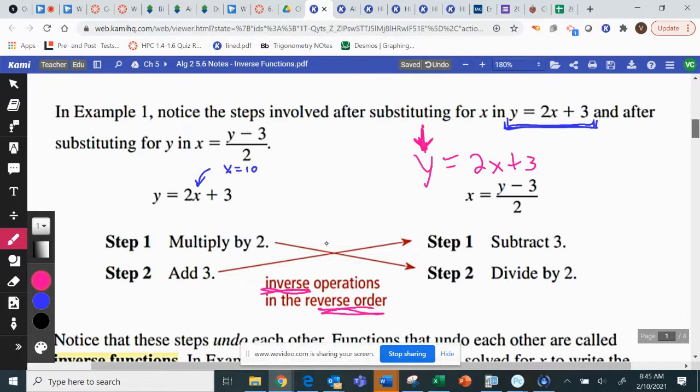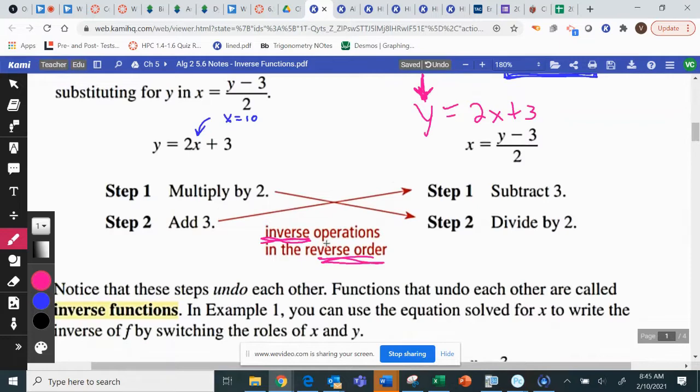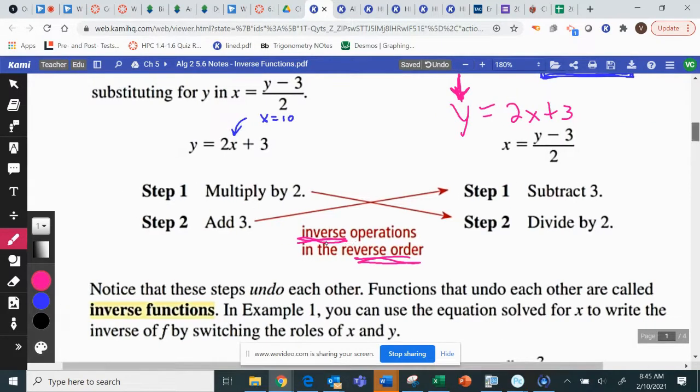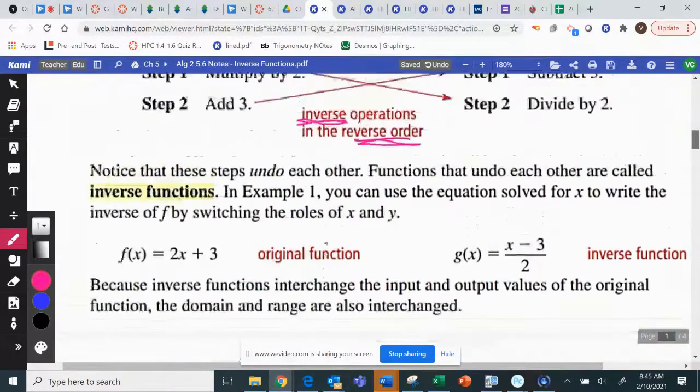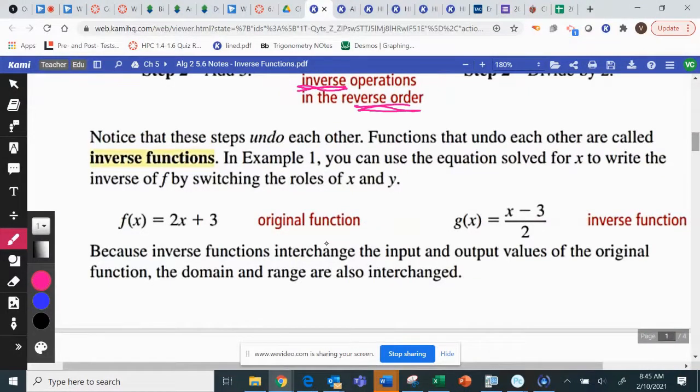What we have are two equations that are called inverse functions. Oops, going too fast. If the steps undo each other and they're in the reverse order, then they're called inverse functions. The two functions to each other are inverse. They completely undo each other.